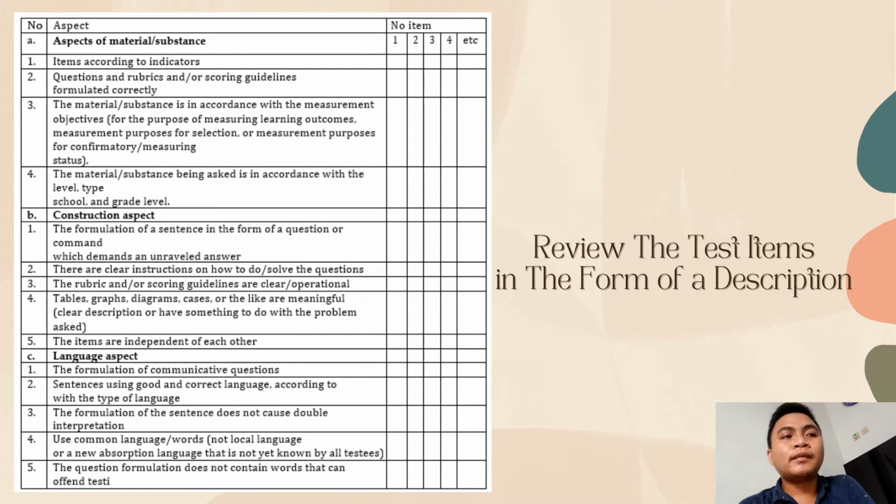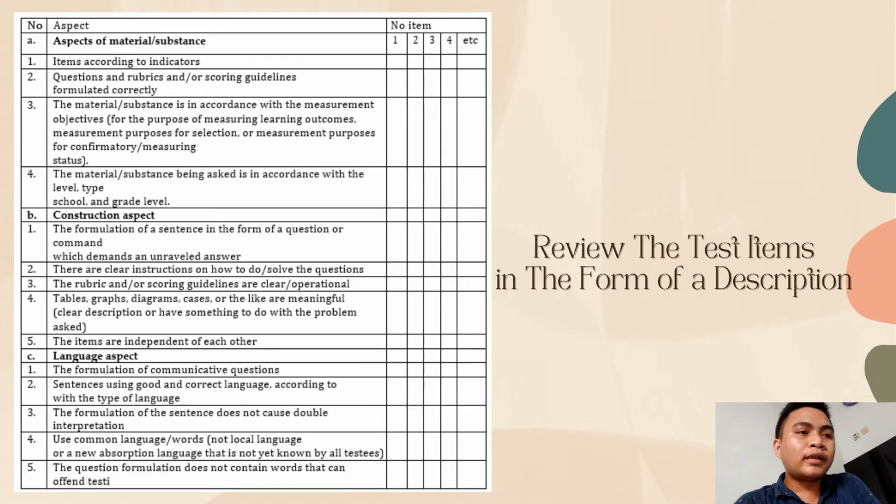Second, there are clear instructions on how to do or solve the questions. The rubric and/or scoring guidelines are clear or operational. Tables, graphs, diagrams, cases, or the like are meaningful. And the last is that items are independent of each other. And the language aspect: the formulation of communicative questions, sentences using good and correct language according to the type of language.